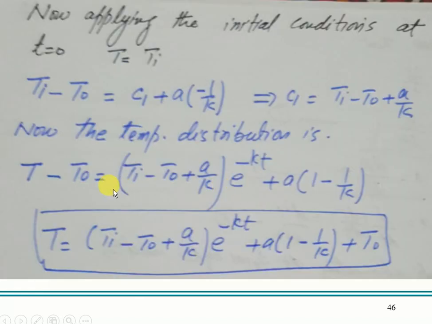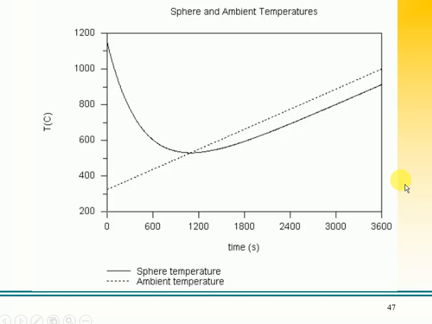this equation to find the final solution, which is the temperature and how it changes with time. Ti is of course the initial temperature, T naught is the given ambient temperature, and a and k are the constants. We put in the values and I can plot this graph. When I plot this graph, on the x-axis there is time, on the y-axis there is temperature.